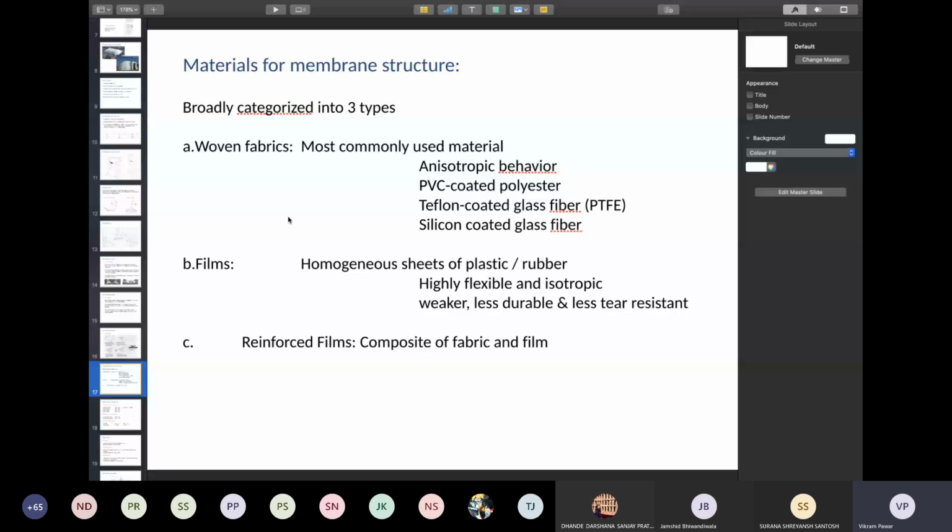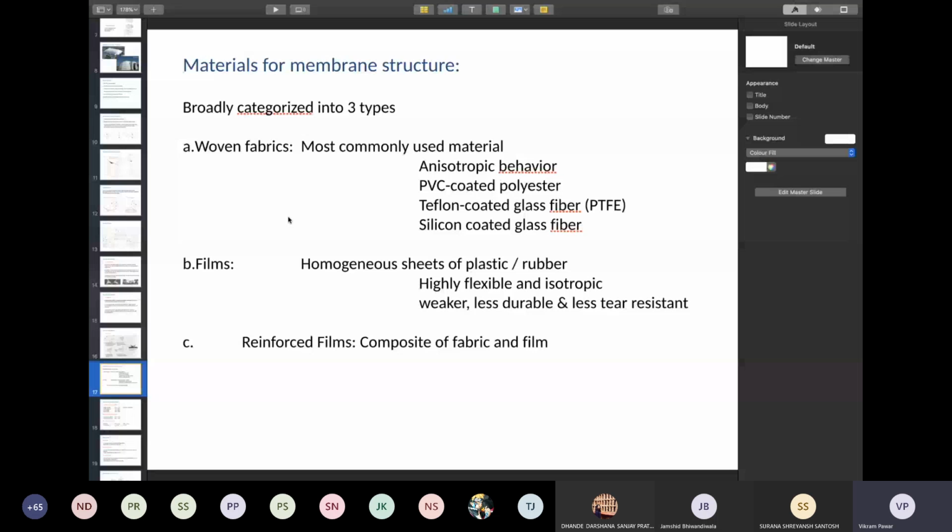Now, only over a period of time, instead of cotton fabrics or jute as a material, you have different plastic fibers which have come up. So you have PVC coated polyester, you have Teflon coated glass fiber, or you have silicon coated glass fiber. We'll come to anisotropic behavior.